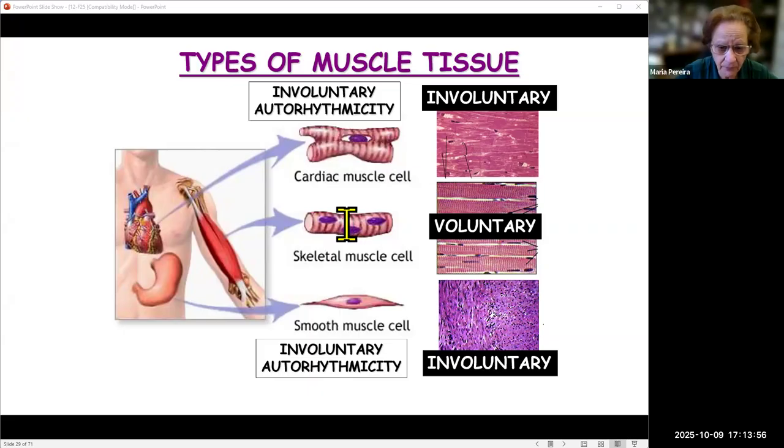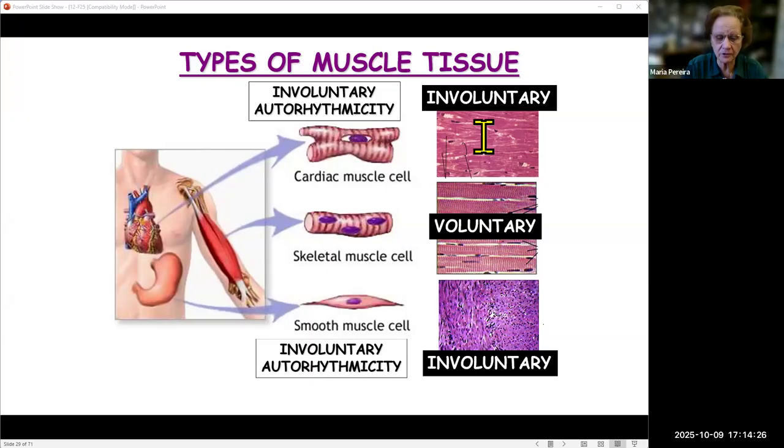Another difference is that the cardiac muscle can branch, you see, and the smooth muscle does not branch. Another difference is that cardiac muscle is involuntary. What does that mean? We cannot voluntarily, as hard as we want, tell the cardiac muscle to extend or contract. No, it's involuntary.